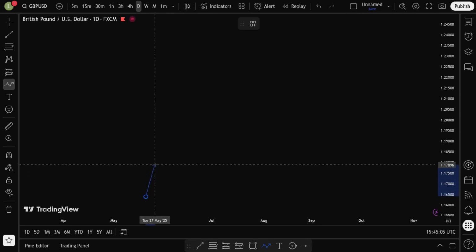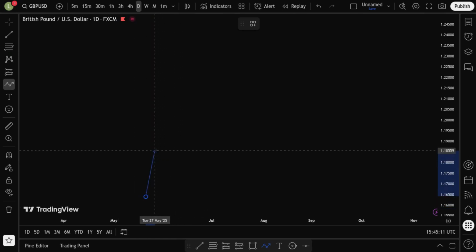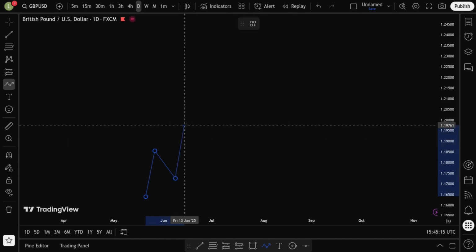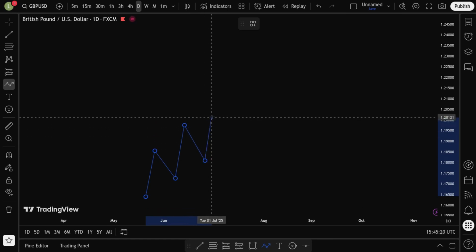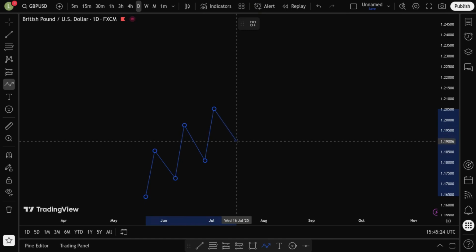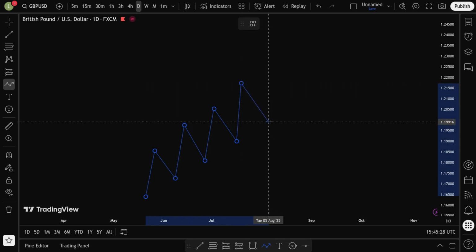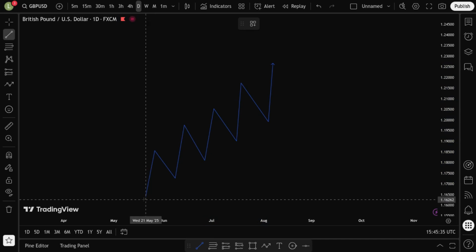This is a low, this is a high, and this is a higher low, higher high, a higher low again, a higher high, and that's how price keeps going. So an uptrend.